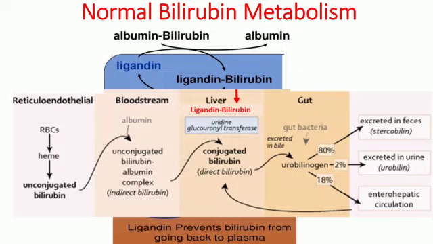Indirect bilirubin now enters the liver via circulation. In the liver, there is another protein, an anion transporter, known as ligandin. It binds to the bilirubin and does not allow its flow back into the bloodstream. In the liver, bilirubin is conjugated. Now, what is conjugation? Conjugation is a process of making insoluble substances like bilirubin or some drugs into soluble form.